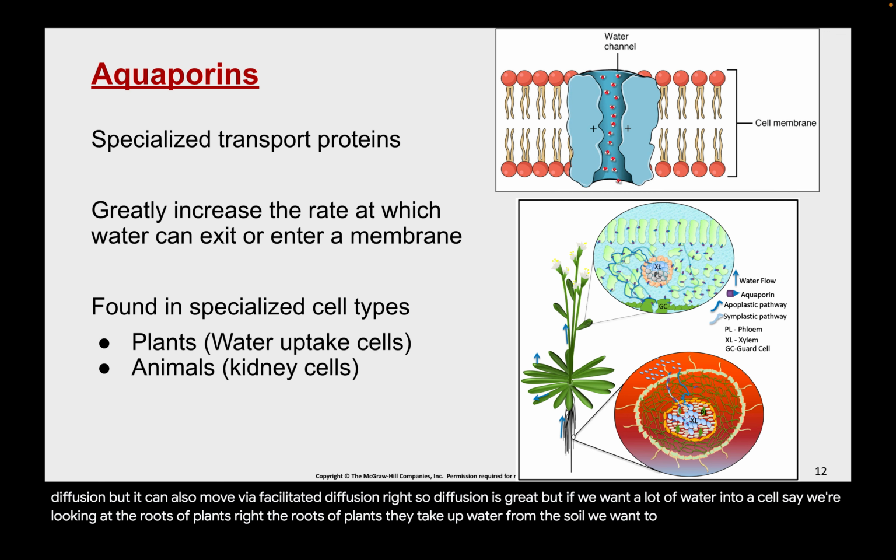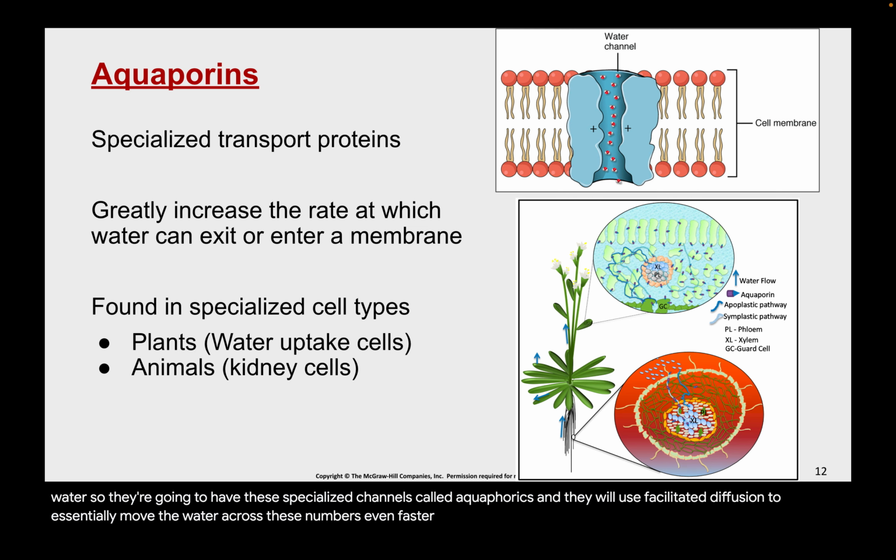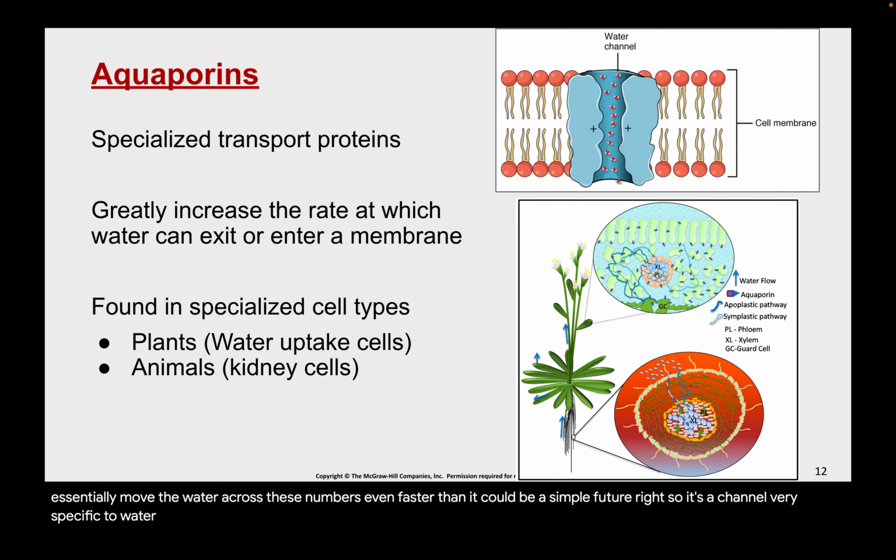We want to take up massive amounts of water. So they're going to have these specialized channels called aquaporins. And they will use facilitated diffusion to essentially move the water across these membranes even faster than it could via simple diffusion, right? So it's a channel very specific to water. Greatly increases the rate of water movement.